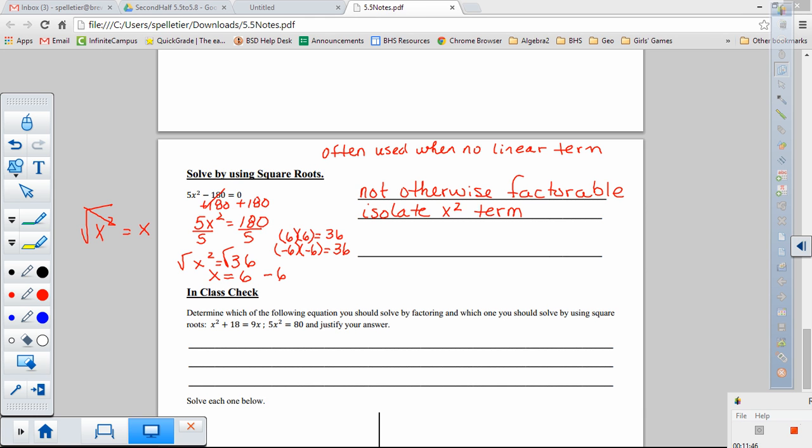So this parabola crosses at both positive 6 and negative 6. Okay? So your solution here is going to be negative 6 and positive 6. So be really careful that when you're taking the square root, that you square root and check for both the positive and the negative value. And that is solving a quadratic by all of the methods of factoring.